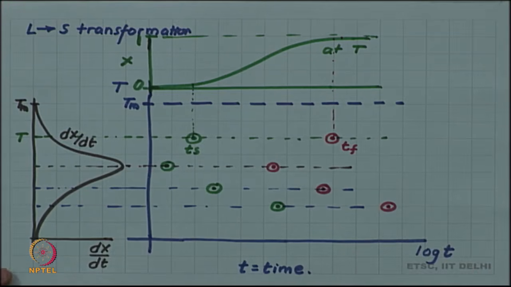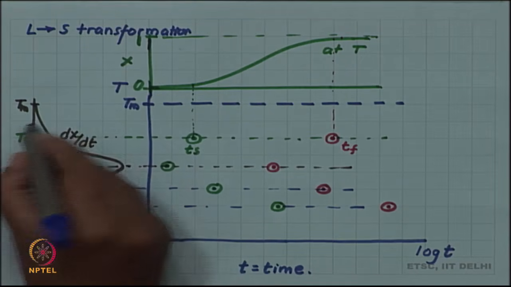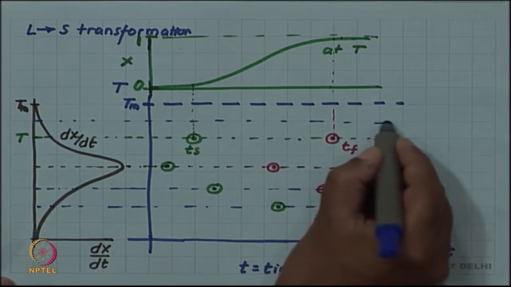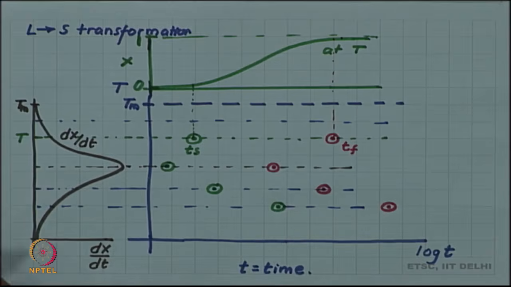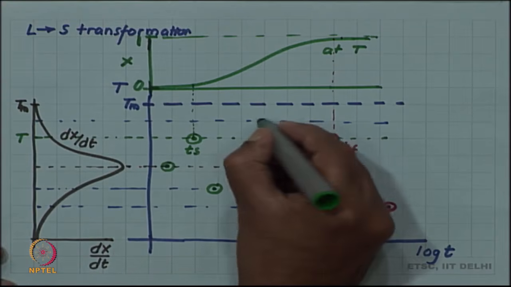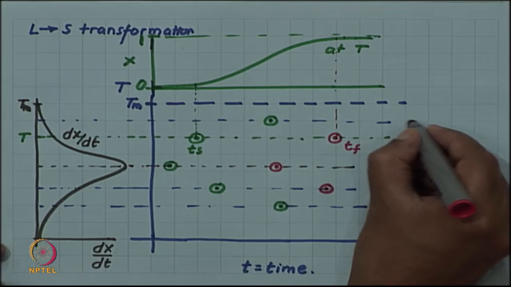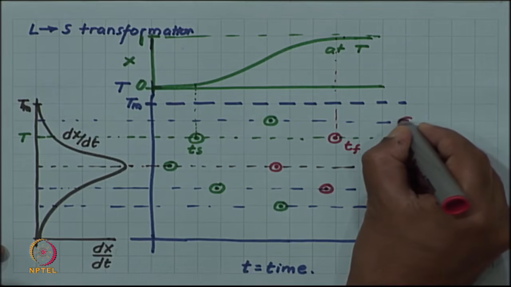And similarly, at high temperature, as you get closer and closer to the melting temperature, the reaction becomes slower and slower, the transformation rate becomes slower and slower. So, you will take more and more time to start and finish the transformation.